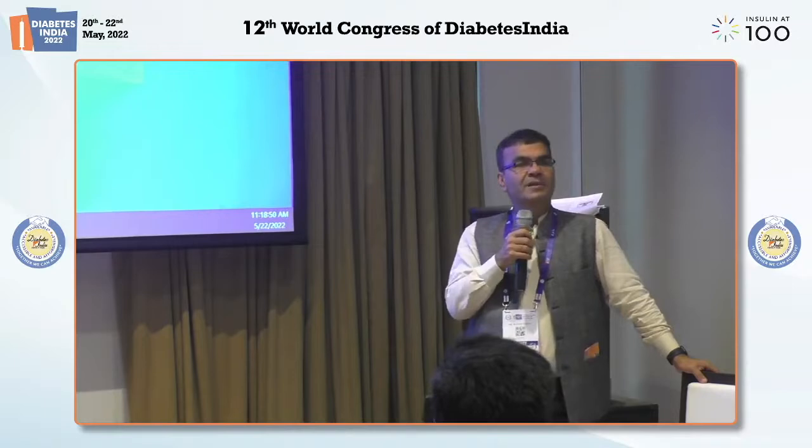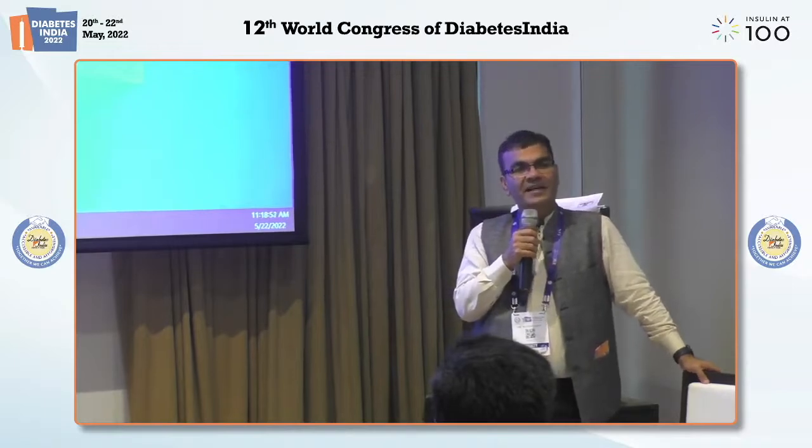So 35 different types of clinical cases, real life scenarios from different doctors have contributed, and today we are going to release that book. I'm sure it will be very useful for other clinicians, because it's real world data showing how patients develop hypoglycemia in real life.